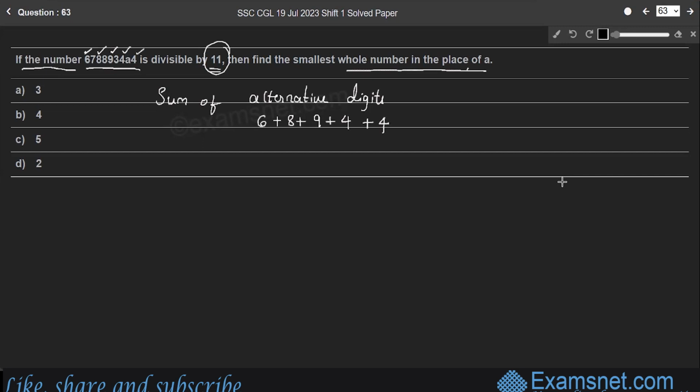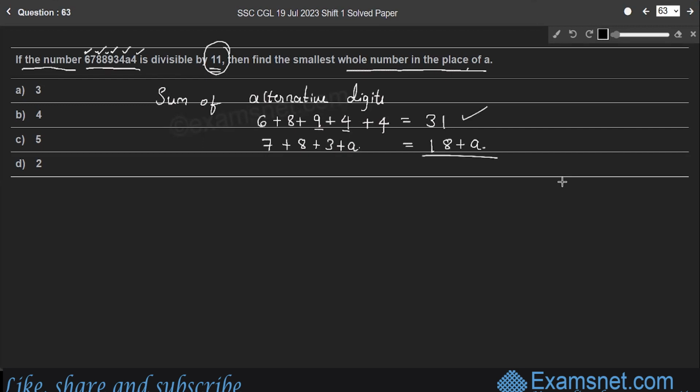The sum of these alternate digits is 14 plus 9 is 23, 27 and 31. Whereas the second, fourth, sixth and eighth digits: 7 plus 8 plus 3 plus 8, so 15 plus 3 is 18, plus 8.